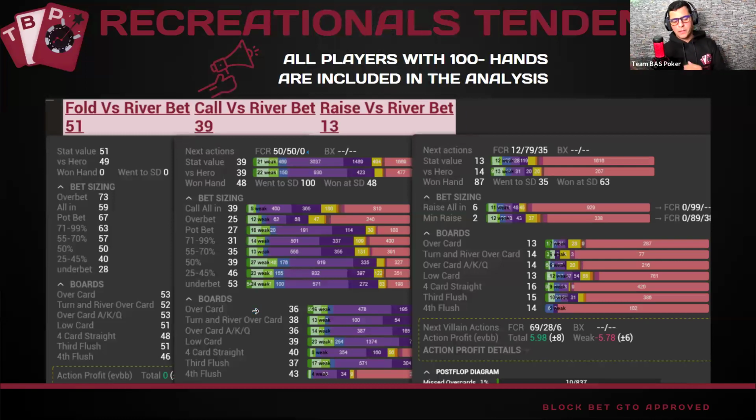So the raise versus river bet, in terms of the stat itself, if we look at 13, the average stat here, they are raising more against our block bet, but not as much as we might think, or not as much as we are afraid to face. Because a block bet is a very small bet.